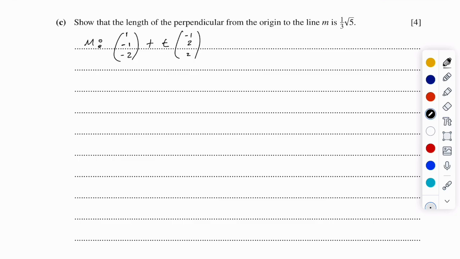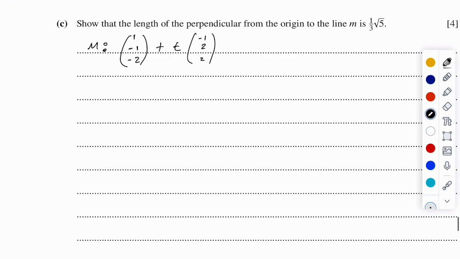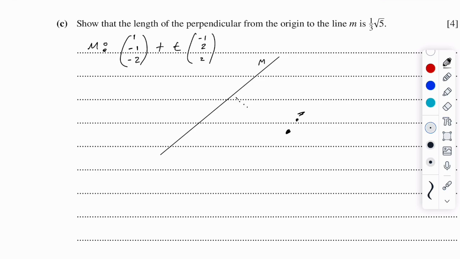Now, perpendicular from the origin. So we're looking for a generic point. We've got M here, and we're looking for a generic point where we can connect. We're looking for the length of this.